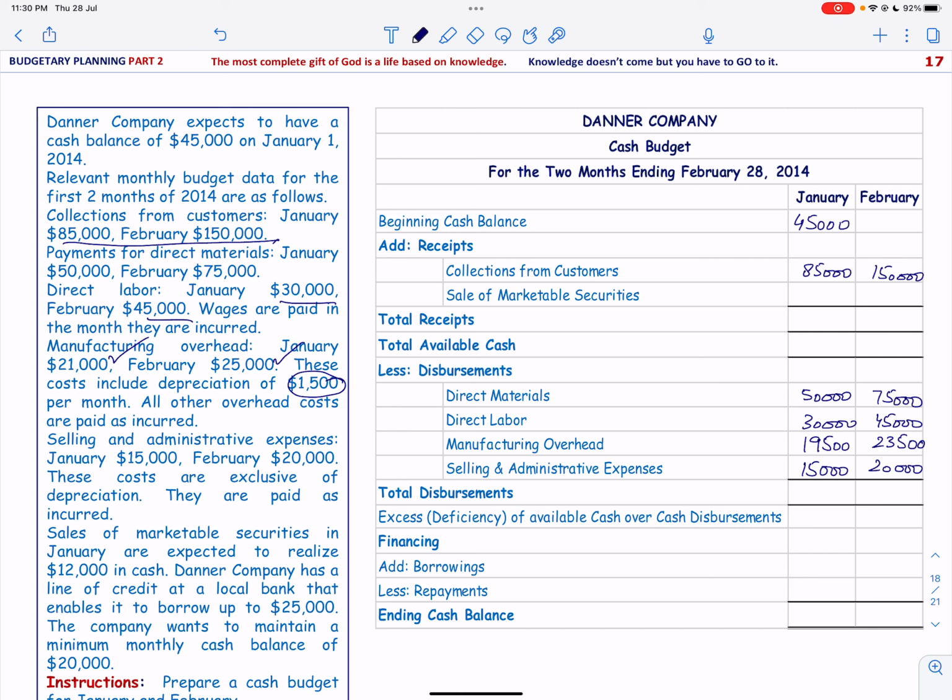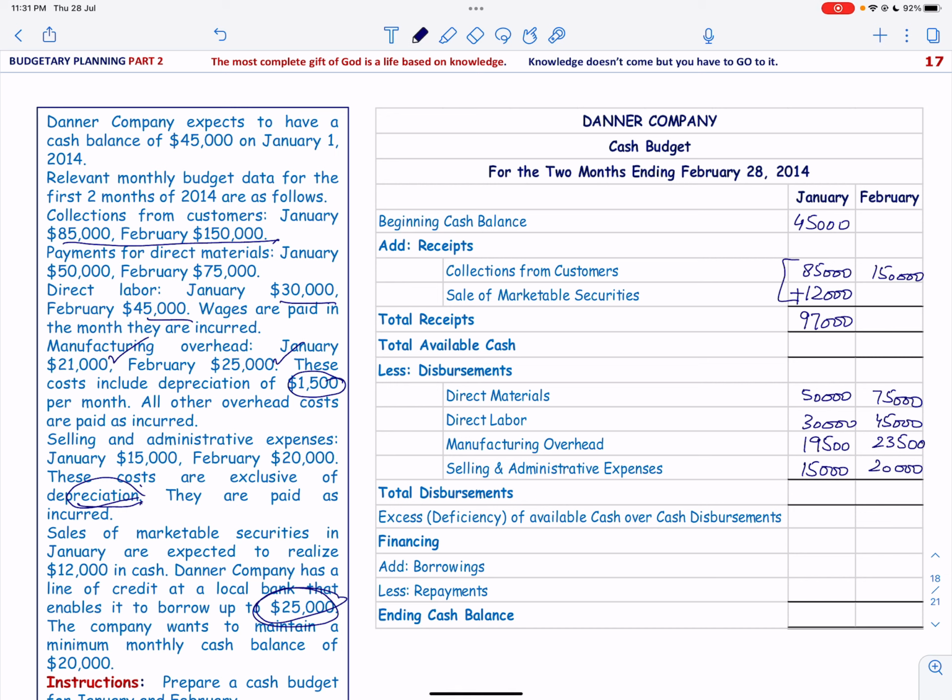These costs are exclusive of depreciation, so we haven't subtracted anything from here. They are paid as incurred. Sales of marketable securities in January are expected to realize 12,000 cash. So we'll be selling marketable securities for 12,000. So that will be a receipt of cash. And now we can make a total. So the total cash receipts will be 97,000.